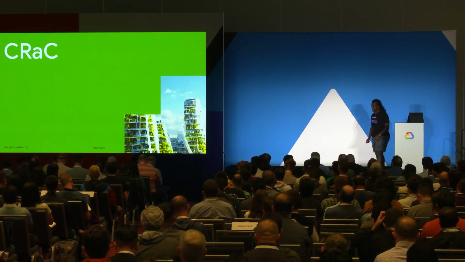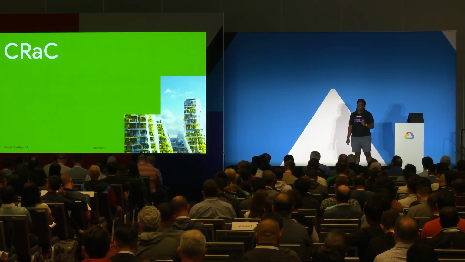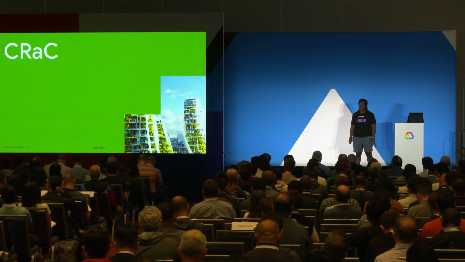Next, we'll be moving on to CRaC, which is coordinated restore at checkpoint. This is an emerging OpenJDK project being developed by Azul that defines an API to allow your apps to make use of taking a running instance, creating a checkpoint, and restoring the same app in the same state from that checkpoint.